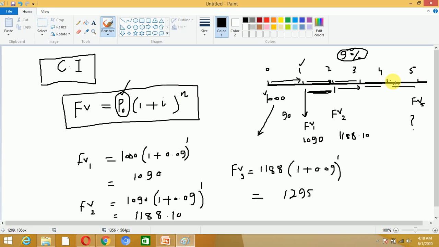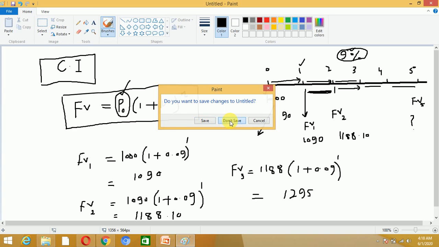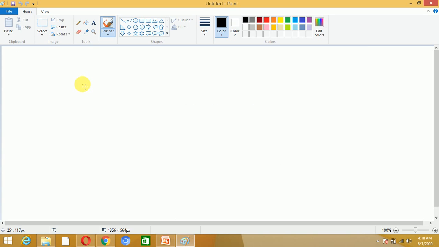If the number of years is 5, just see this. Future value is equal to P naught, 1 plus I, raised to the power n.